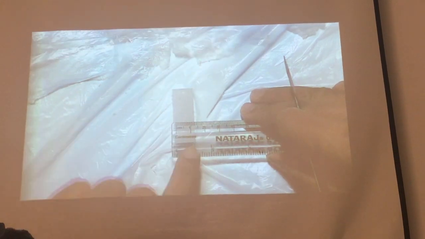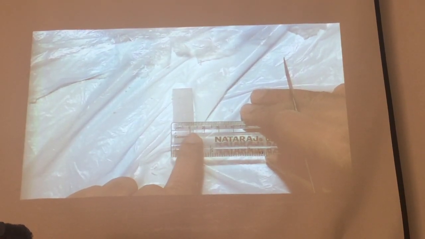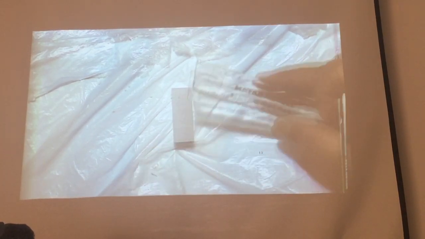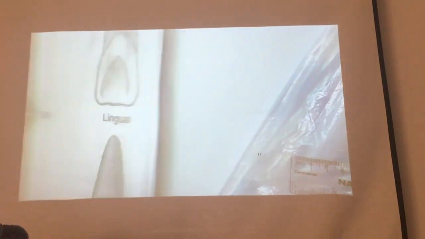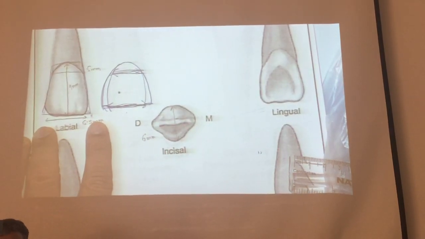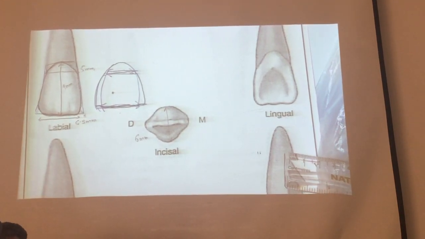Sorry, 13 millimeters. Right? What we need is 7 millimeters. If you look at the diagram, the width here is 6.5. What do we need? 6.5, keep it as 7. Okay? What we need is 7 millimeters.